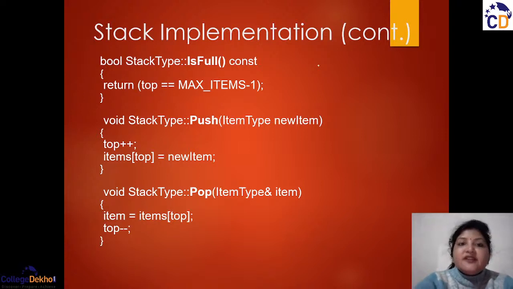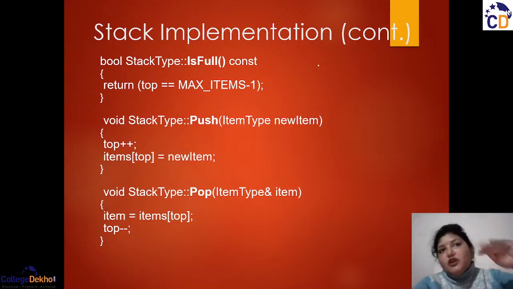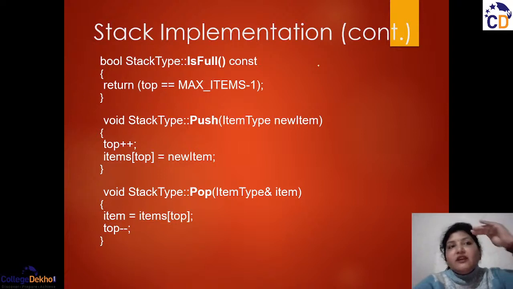If the stack is full, obviously you can't push any elements to it, right? So for max items, you check whether top is equal to max minus 1. And when you push the item, you increase the top, because top always maintains where you are inserting the elements.